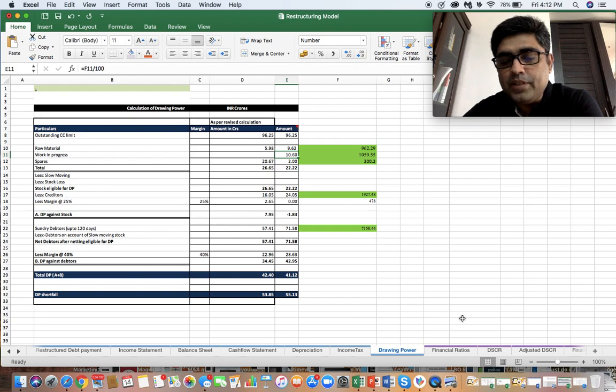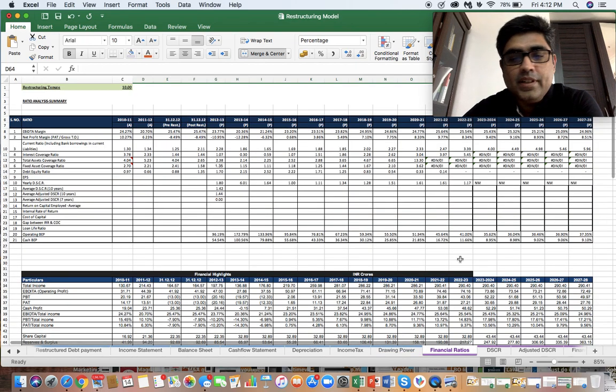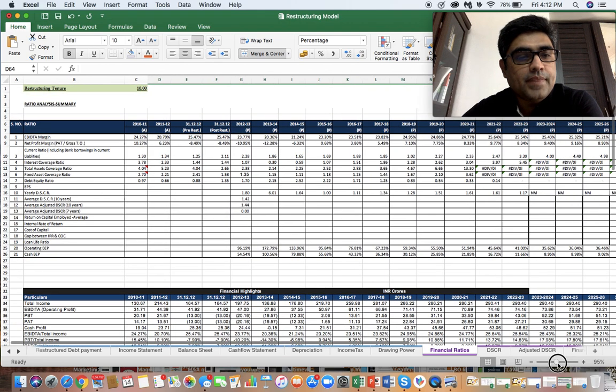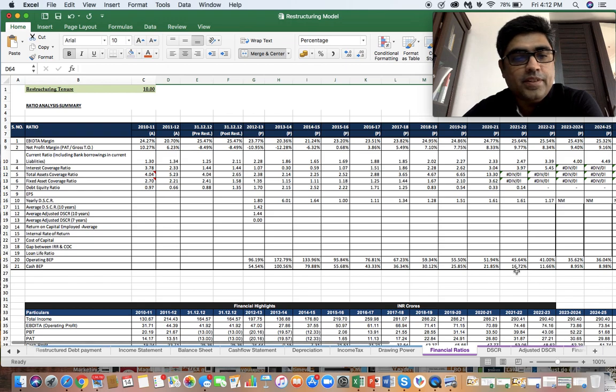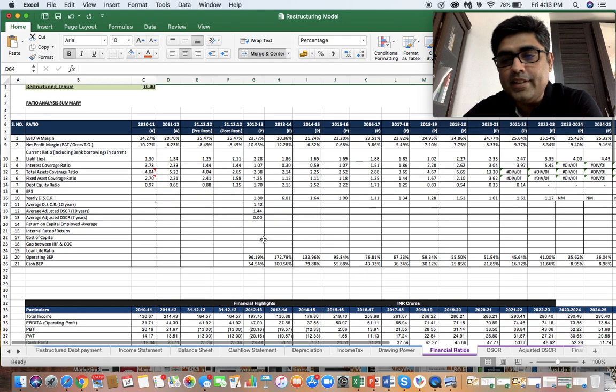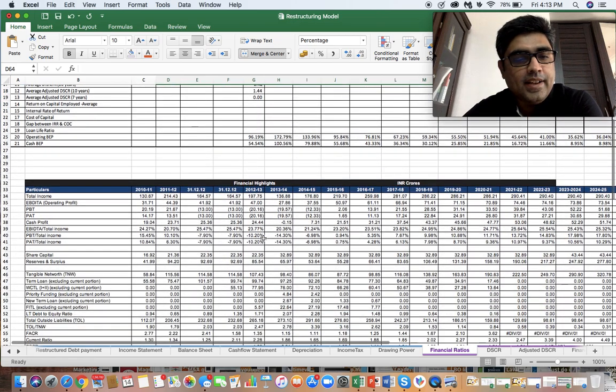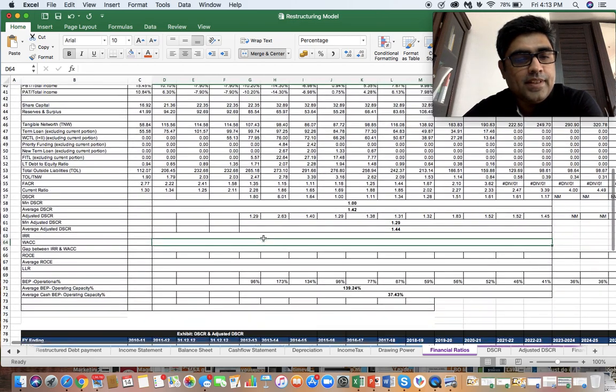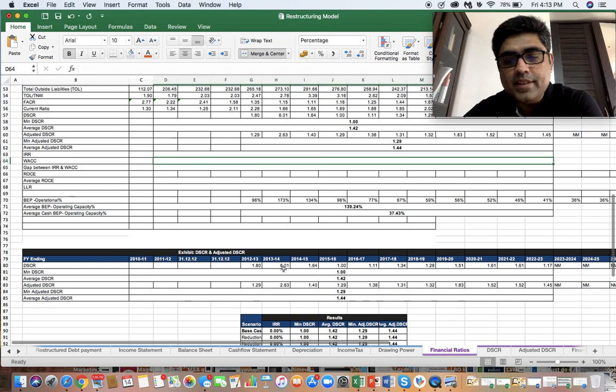That is what drawing power helps in calculating. Then the different calculations around financial ratios that you get to see are all calculated over here. Cash break even, loan life ratio, internal rate of return, DSCR, adjusted DSCR, and stuff like that. So different set of ratio calculations gets done.